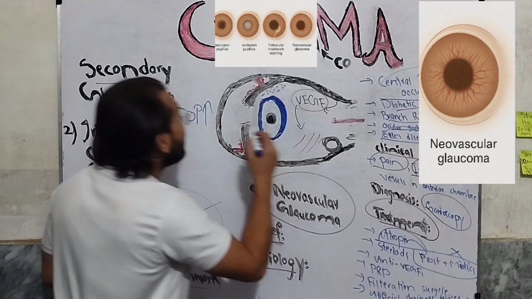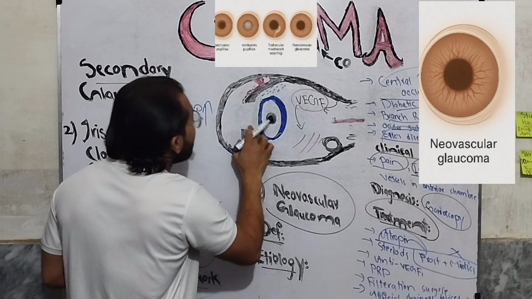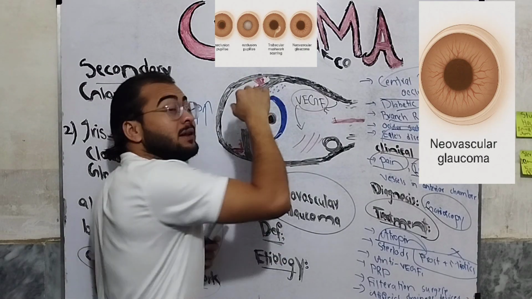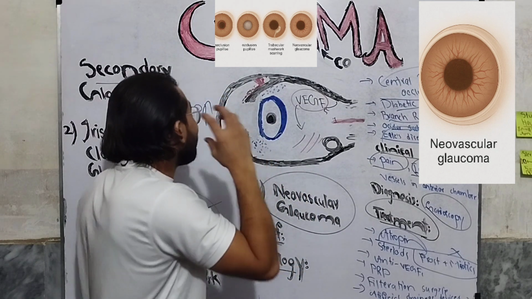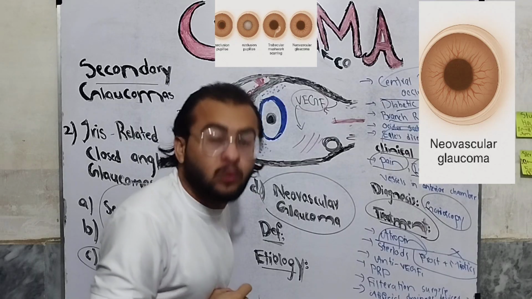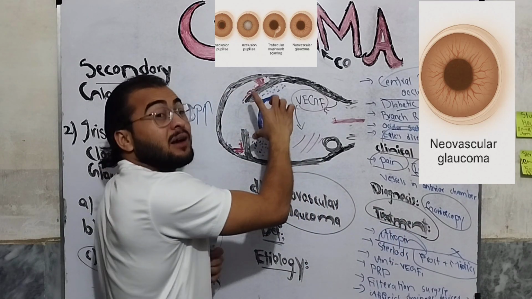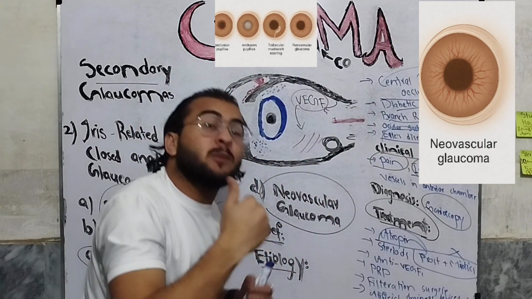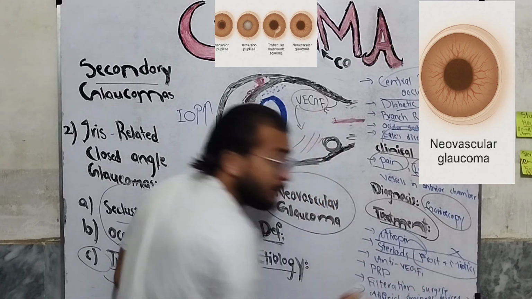Because atropine will dilate the pupil, and we know that these new vessels are leaky, they will leak inflammatory cells and proteins and can further block the trabecular meshwork and enhance the intraocular pressure. So atropine will dilate the pupil, called mydriasis, plus it will decrease the permeability of these new vessels.